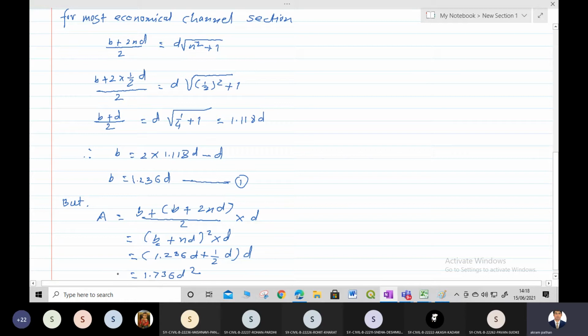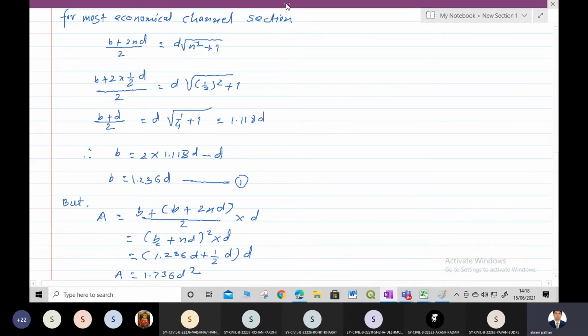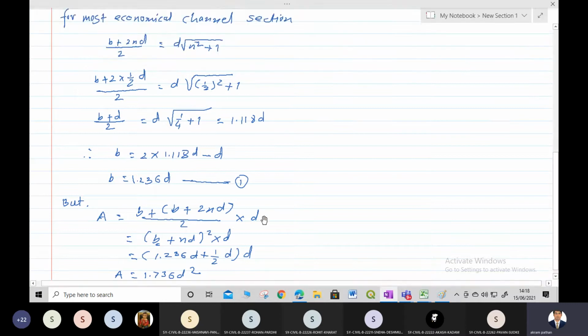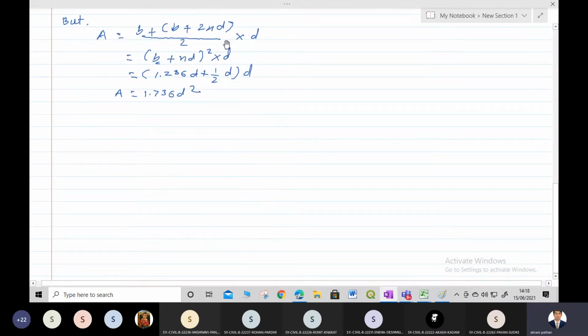But area is given. How much is the area? 40 meter square. So the area is given as 40 meter square, A is equal to 40 meter square, which is given in the problem.